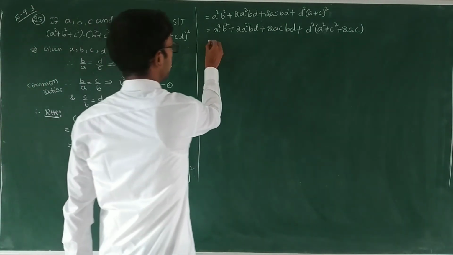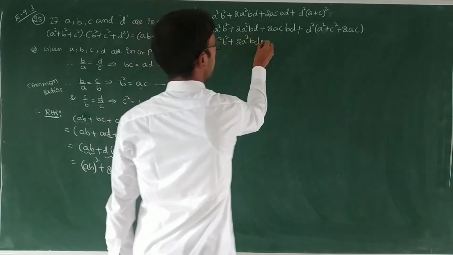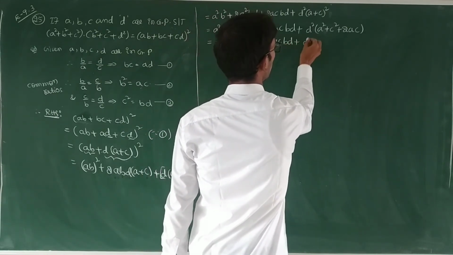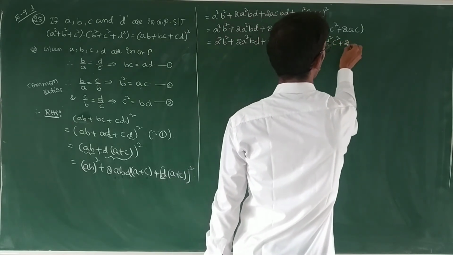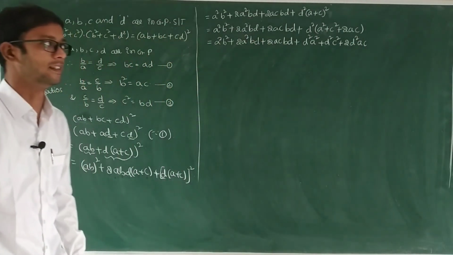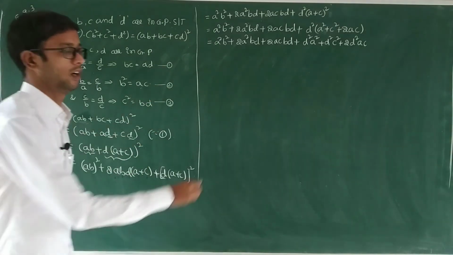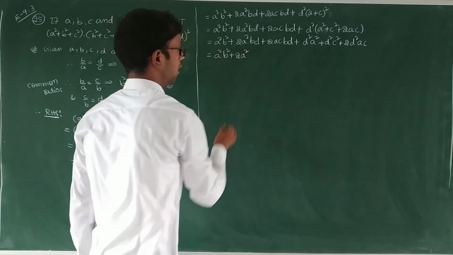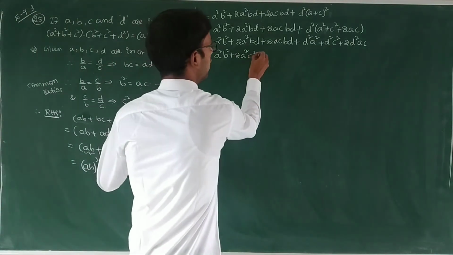Next step, more simplification I will make. A square B square plus 2A square BD, plus 2AC BD, plus D square A square plus D square C square plus 2D square AC. Now I use equations 2 and 3 here. In 2A square BD, BD is C square, so I can write C square here.